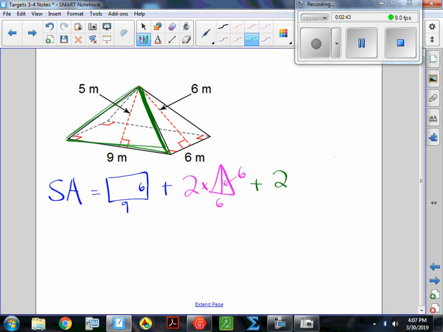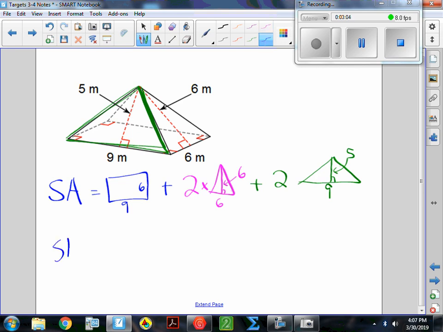So 2 of those. The base of those triangles is 9, and the height of those triangles is 5. So when you're doing surface area, we want you to find the area of all the parts. You have 1 rectangle, 2 skinny triangles on the sides, 2 fat triangles in the front and back.